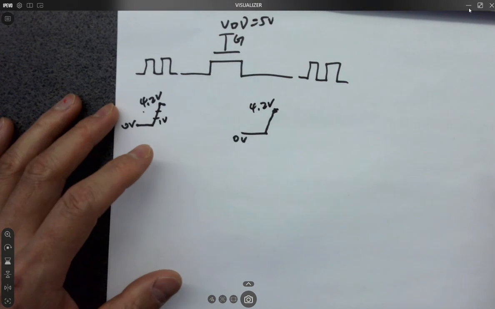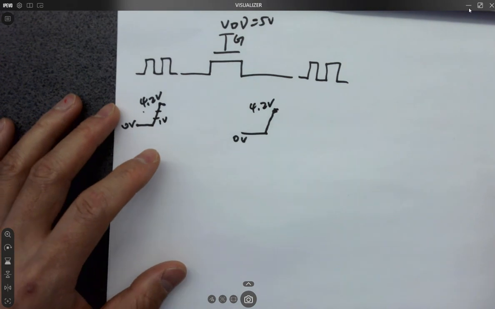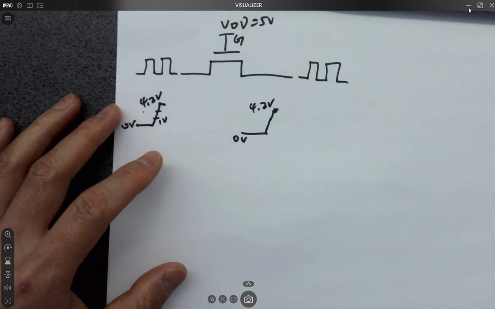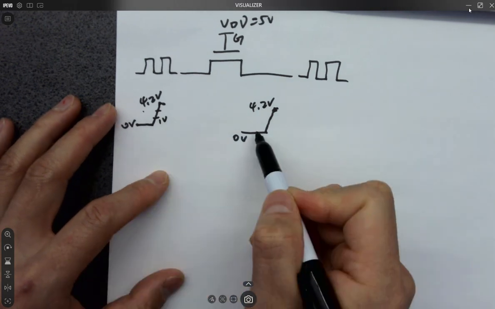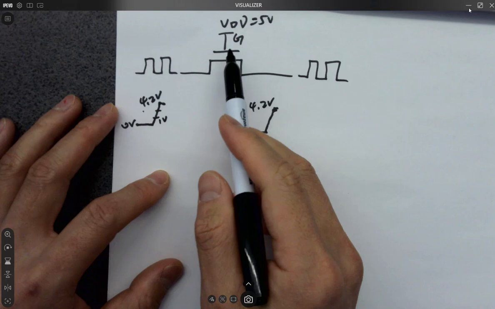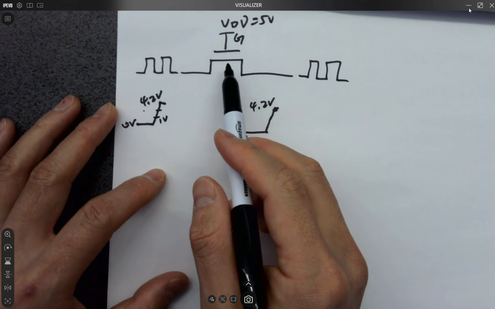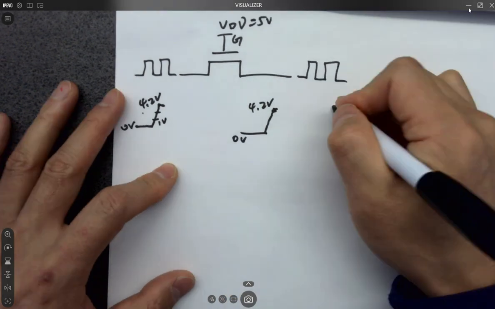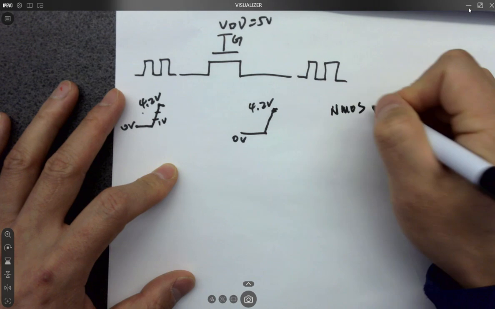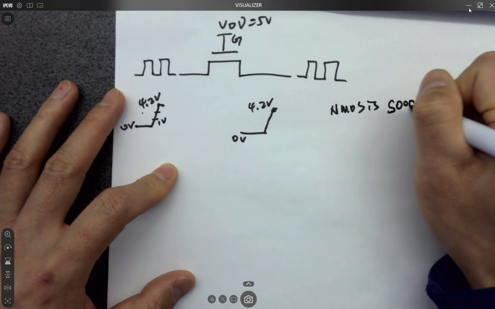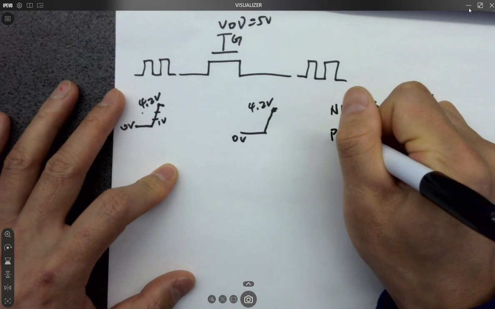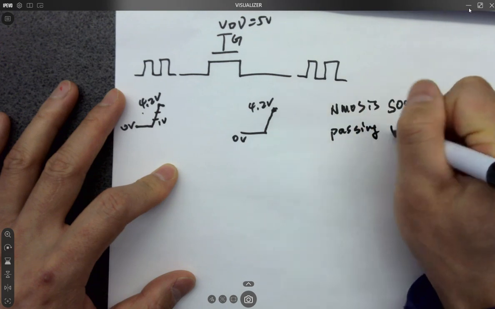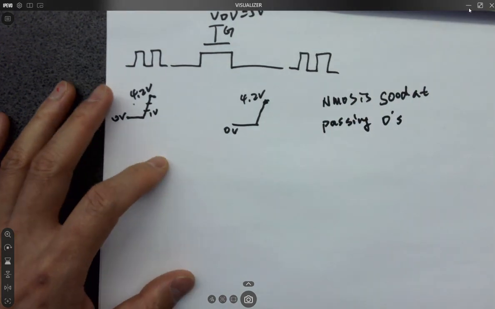But you know, it's a digital circuit. We don't care about like 4.2, 4.1, 3.5. We only care about 0 volts. 0 volts is able to pass through the NMOS, which is good, right? So we now have the NMOS is good at passing zeros.